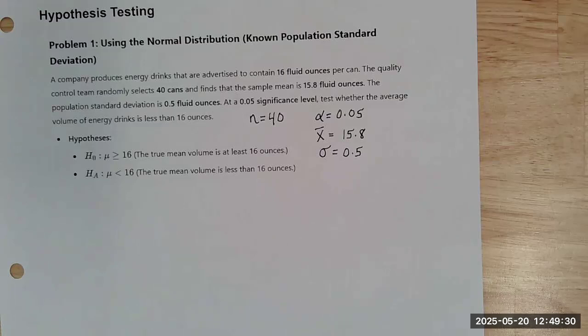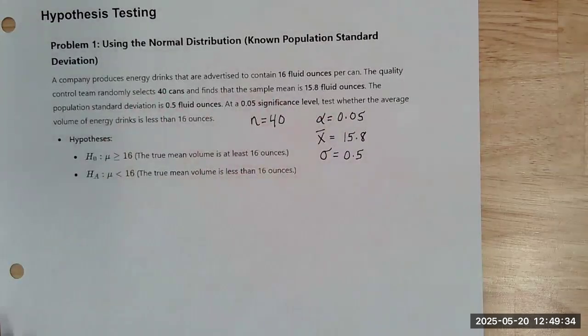So in this case, I didn't write this problem, so let's see what kind of test they wrote, because somebody else wrote the hypothesis. They wrote that the null hypothesis is that mu is greater than or equal to 16 ounces. And they wrote that the alternative hypothesis is that mu is less than 16 ounces. Did they write a one-tail or a two-tail test?